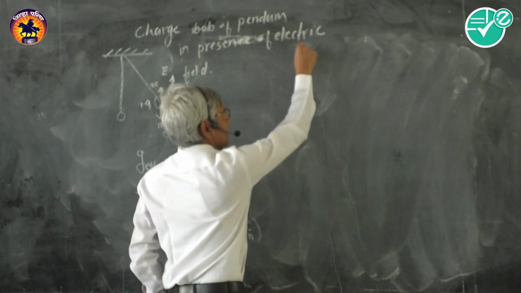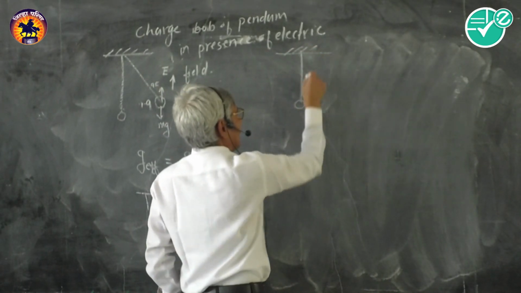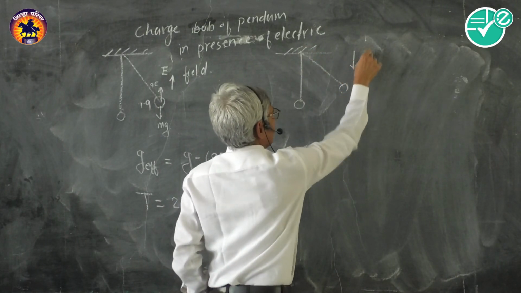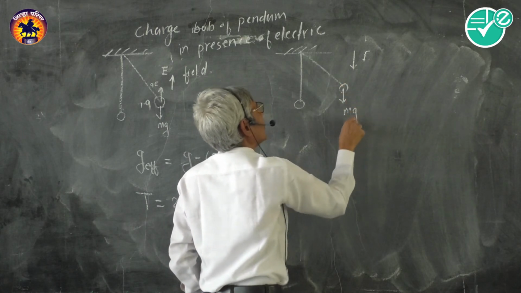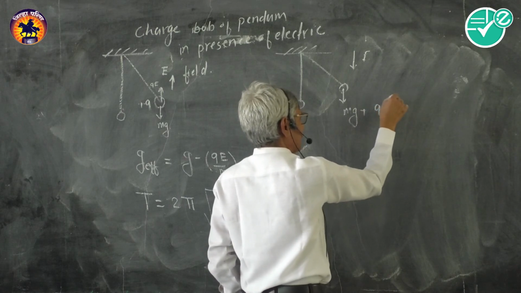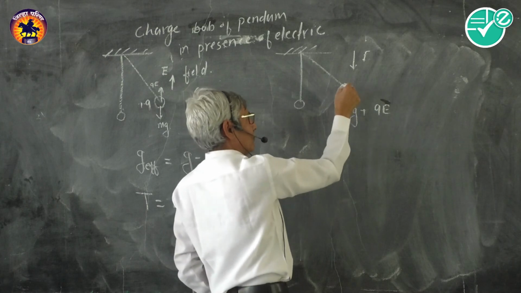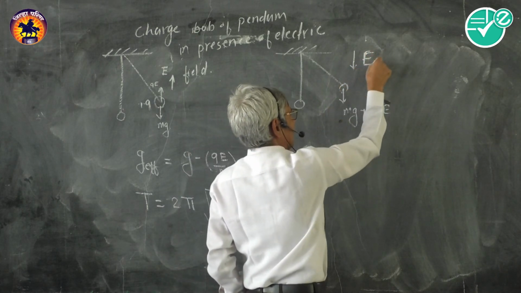Now if we consider the electric field is in the downward direction, then the resultant downward force will be mg plus q into E. Mg is its own weight and q into E is due to the electric field in the downward direction.